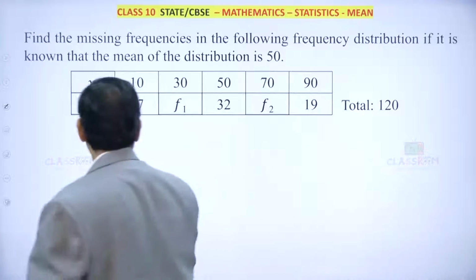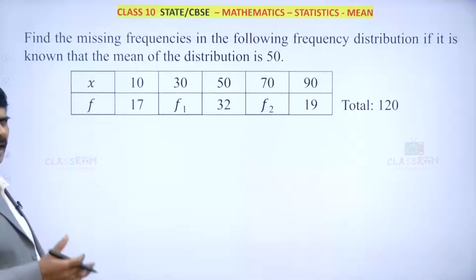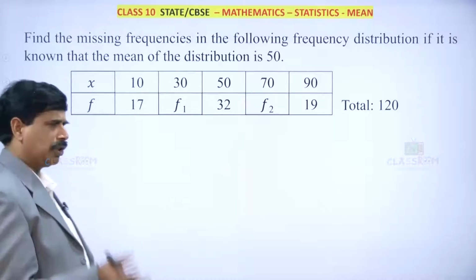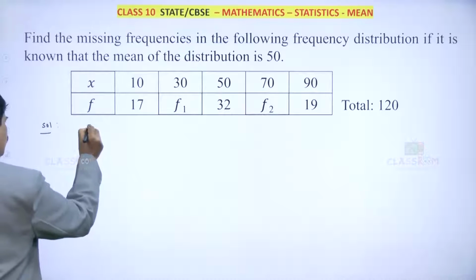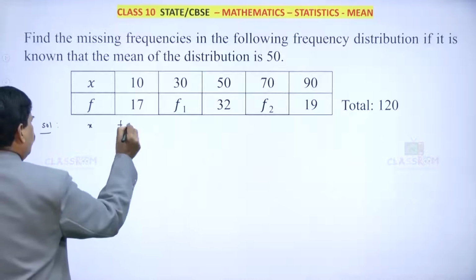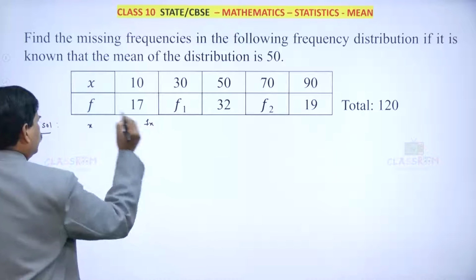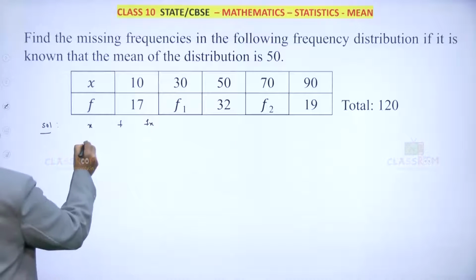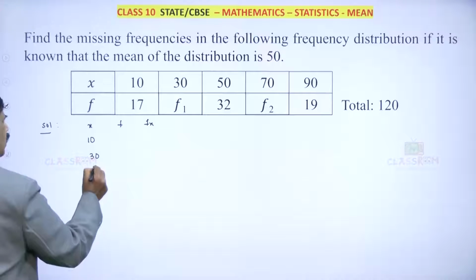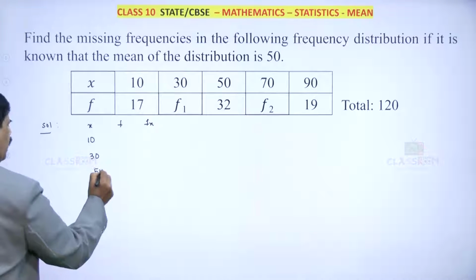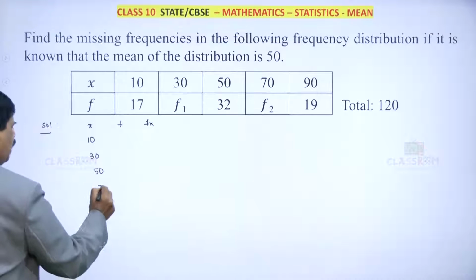First, what we will do, we'll construct one table, children, as usual. According to the procedure, we'll proceed now. So there is x, there is f, there is fx. The values are 10, 30, 50, 70 and 90.